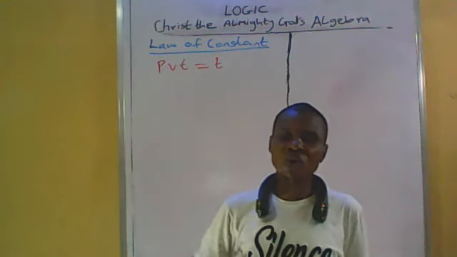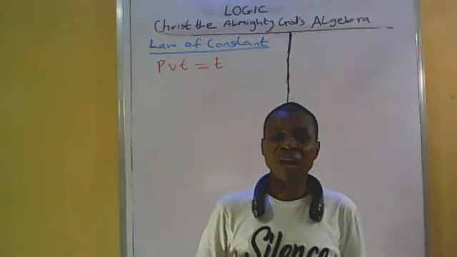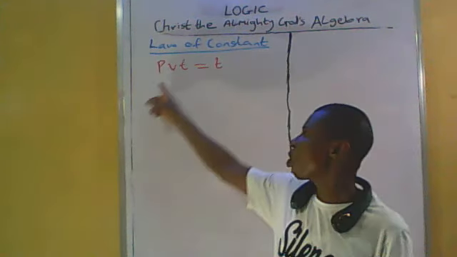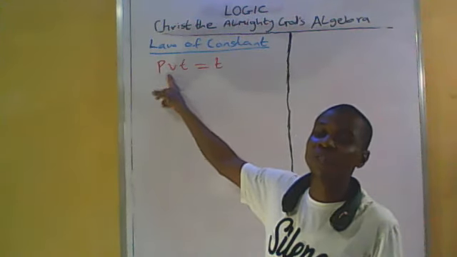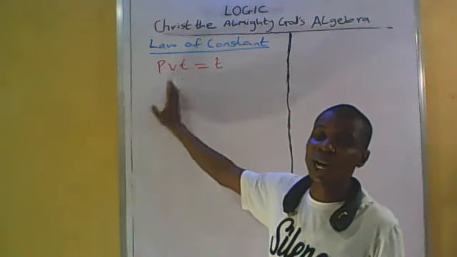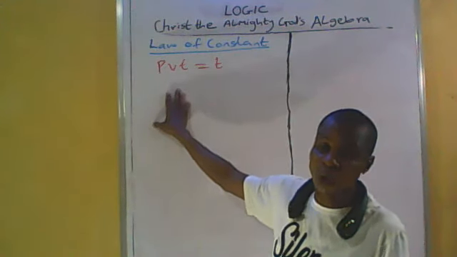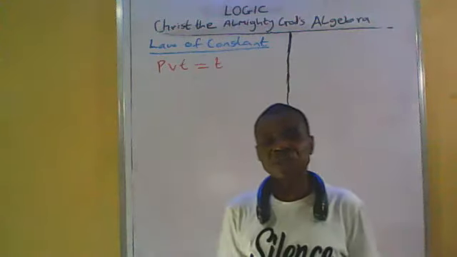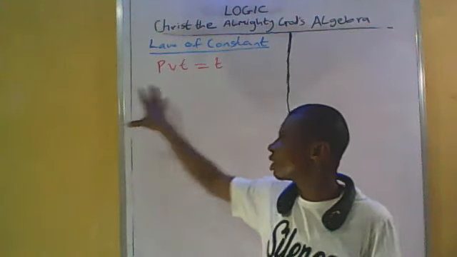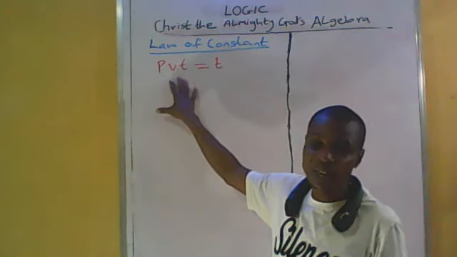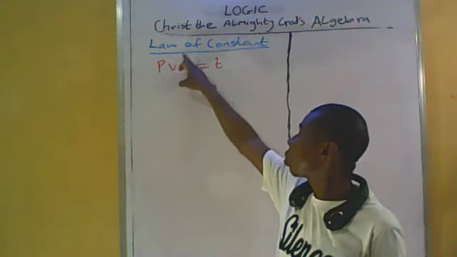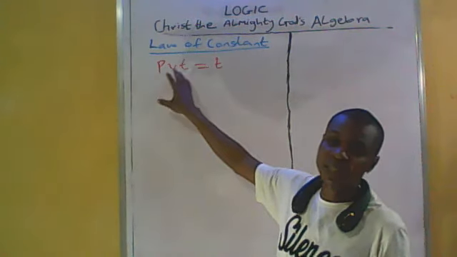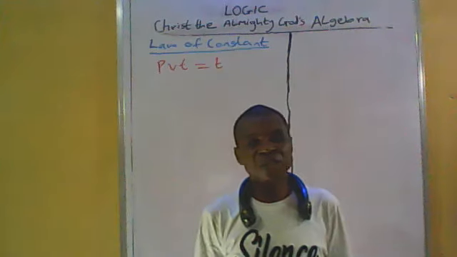Why is it called law of constants by disjunctive statement? It's because of this or connective that combines P and T together as a compound statement called disjunctive statement. That's why it's called law of constants by disjunctive statement.